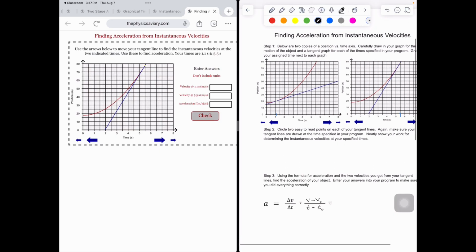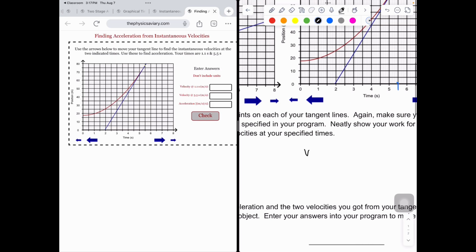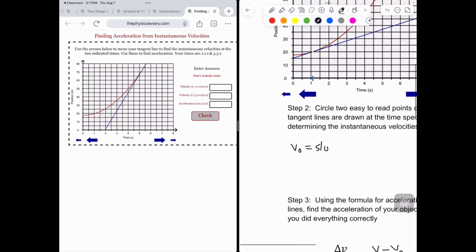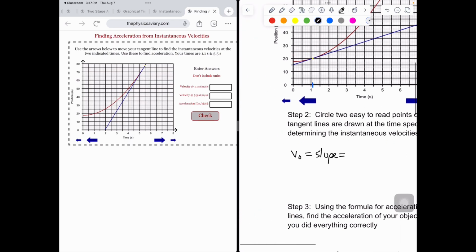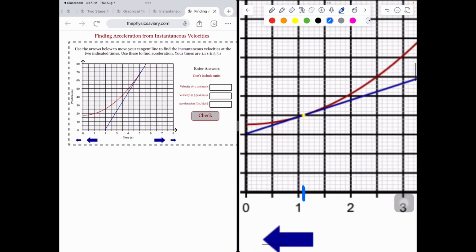So go ahead and take the time to find the slope of each tangent line to find each of your velocities. All right, I really like the actual point right there.